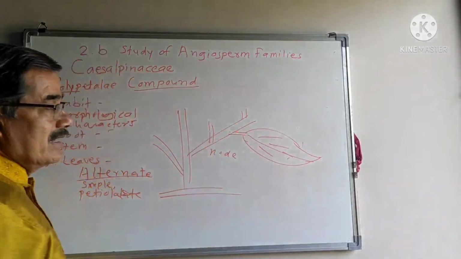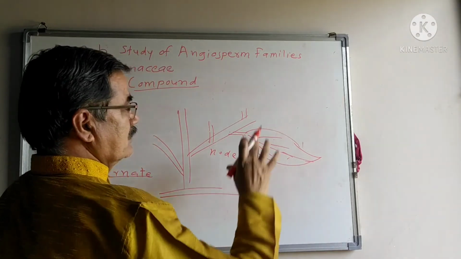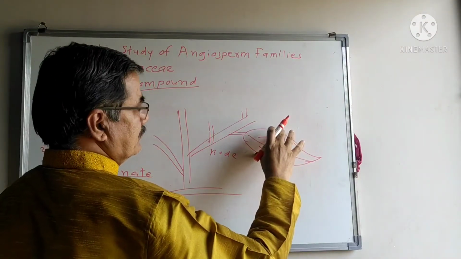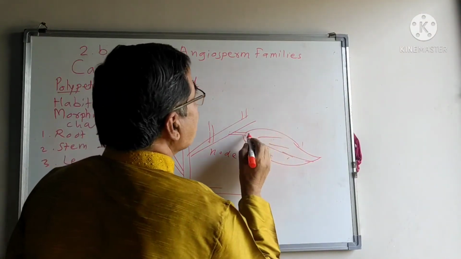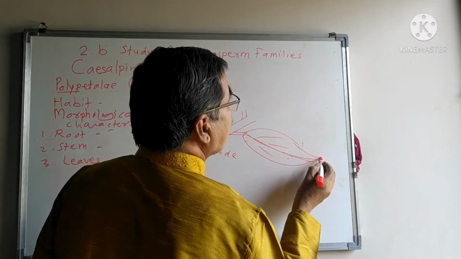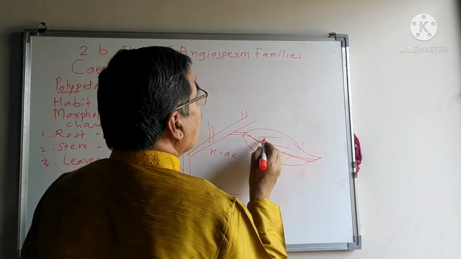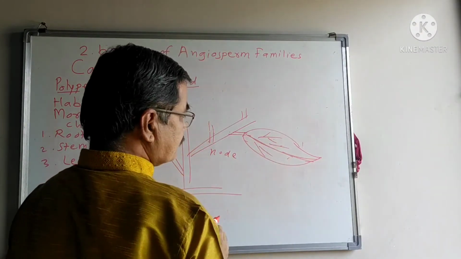This leaf is known as the simple leaf. Then the compound leaf. Here is the base of the leaf. It has the midrib that goes up to the tip, that is the apex. This is the midrib region, and it goes to the sides.